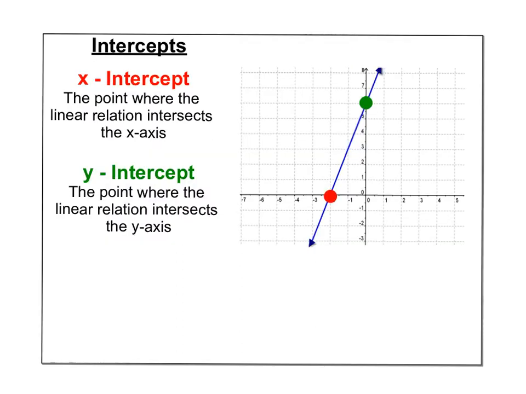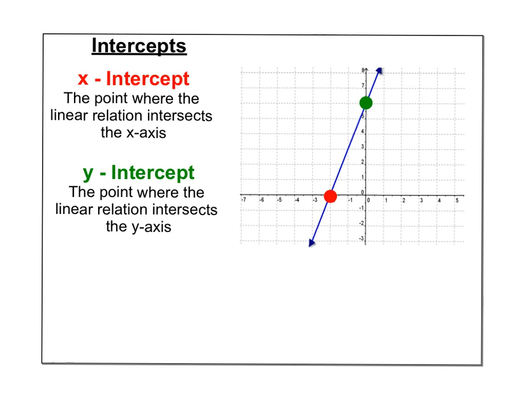Okay, so the first thing we have to figure out is what even is an intercept? Well, in math, an intercept is where an equation crosses either the y-axis, the x-axis, or possibly another equation.